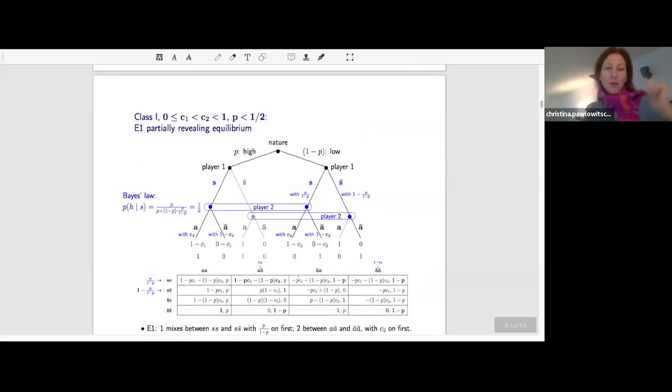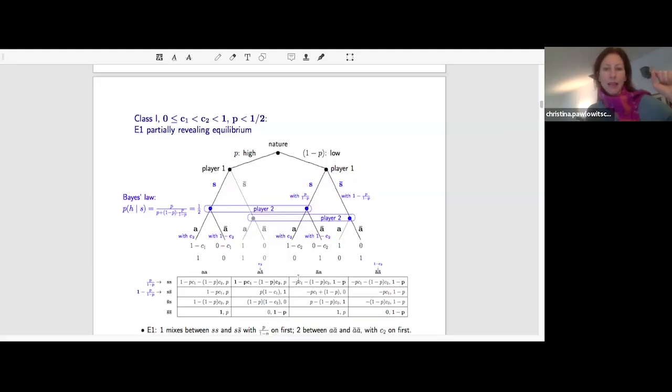So this gives us this 4 times 4 payoff matrix. Now, I'm not talking about the dynamics yet. I'm still talking about setting up the game that we want to analyze. The payoffs. So let me first say a few words on the payoff structure in this game. The payoffs depend on 2 factors: first, the prior probability P that we have on the high type, and also the cost factor.